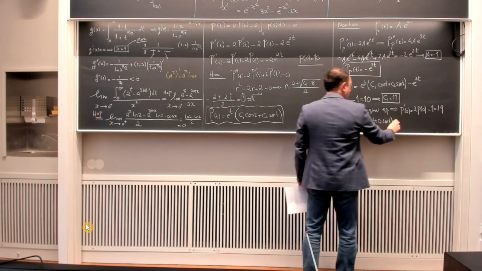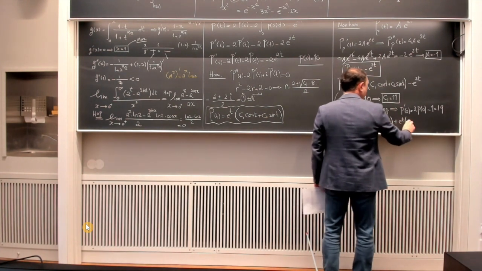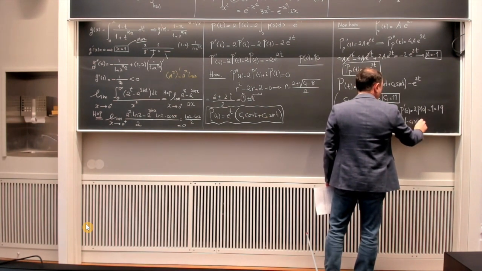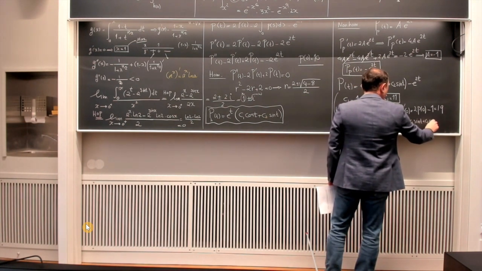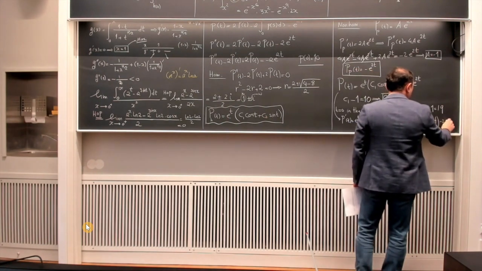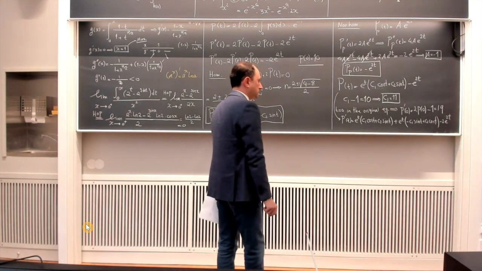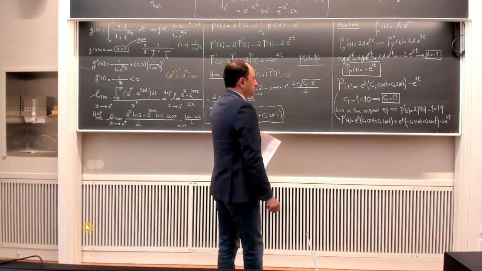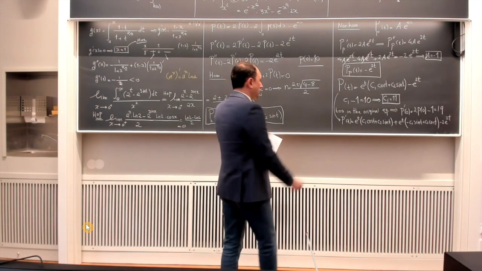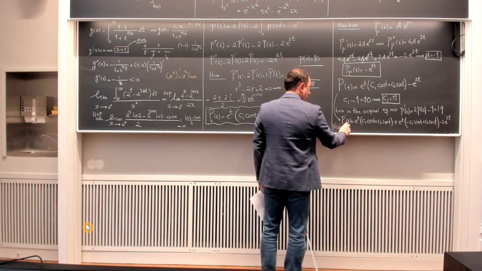Yes, plus the first one multiplied by the derivative of the second one, which is minus c1 sine t plus c2 cosine t. And then at the end, I will have minus 2e to power 2t. That is the derivative of this function. Yes? Okay.